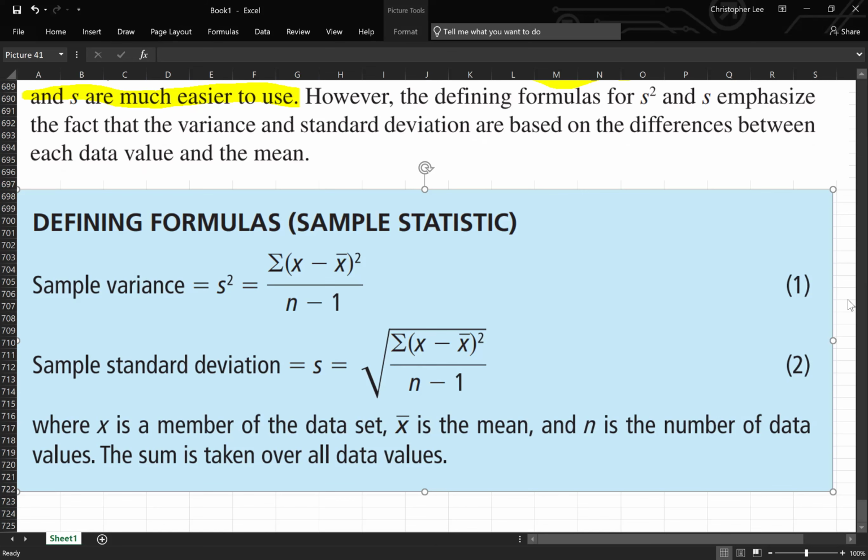X bar is the mean, and n is the number of data values. So the sum is taken over all data values. Questions? Okay.